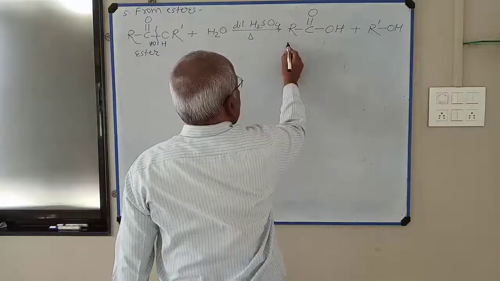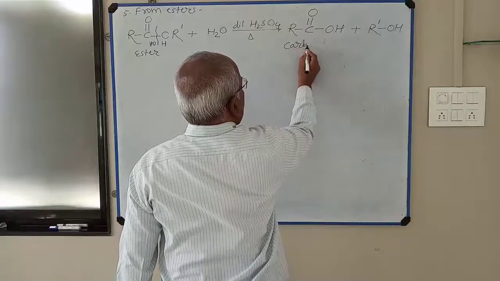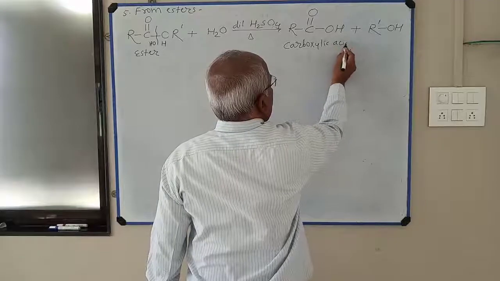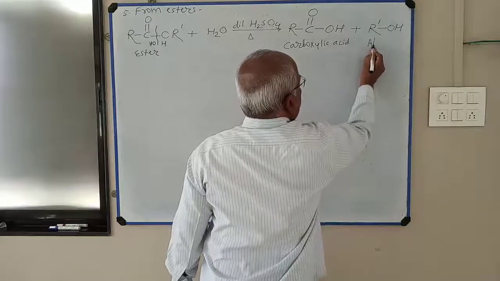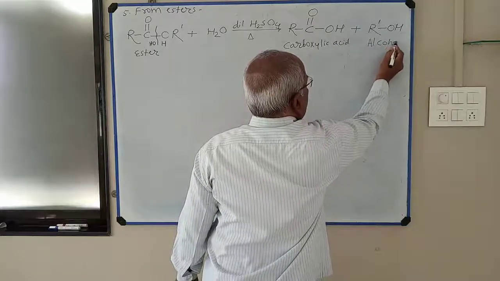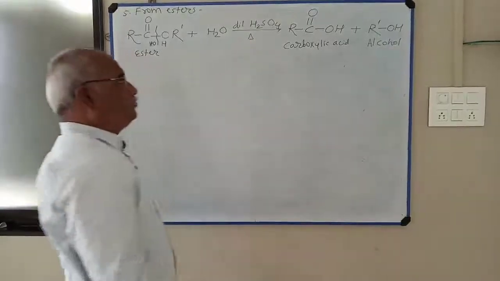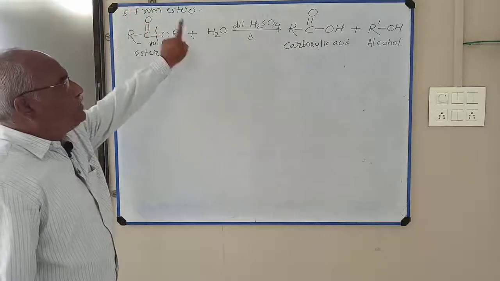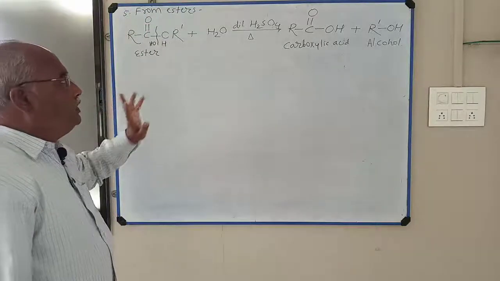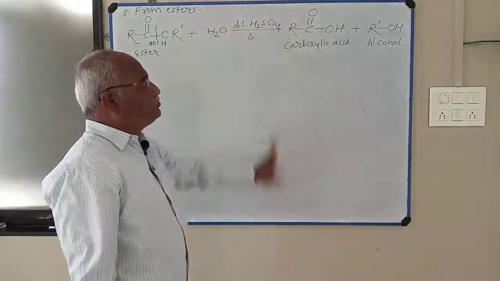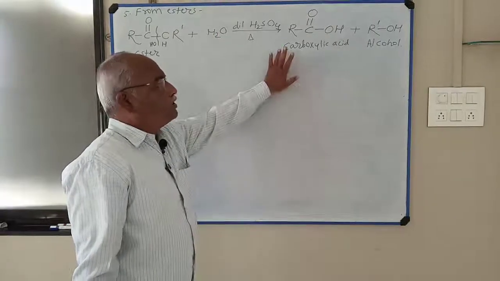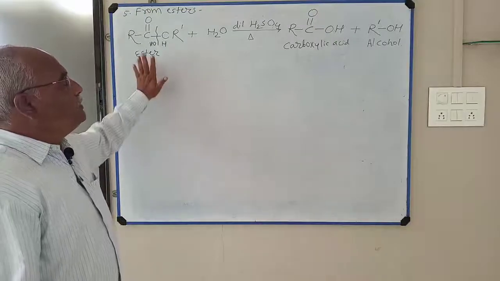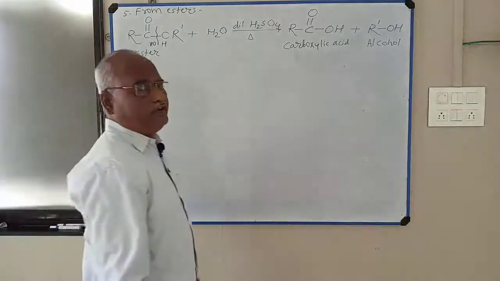This is carboxylic acid, and this compound is alcohol. So ester on hydrolysis with water in presence of dilute H2SO4 gives carboxylic acid. So this is the general method for preparation of carboxylic acid from ester.